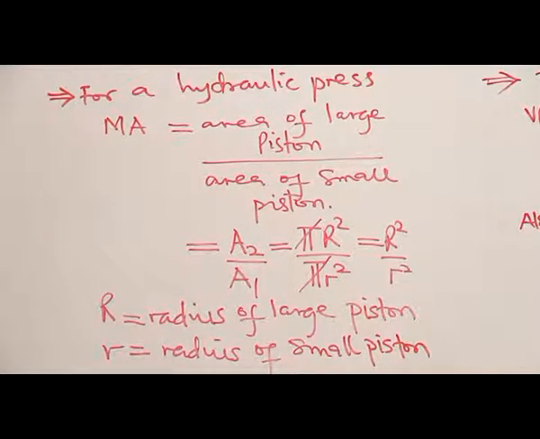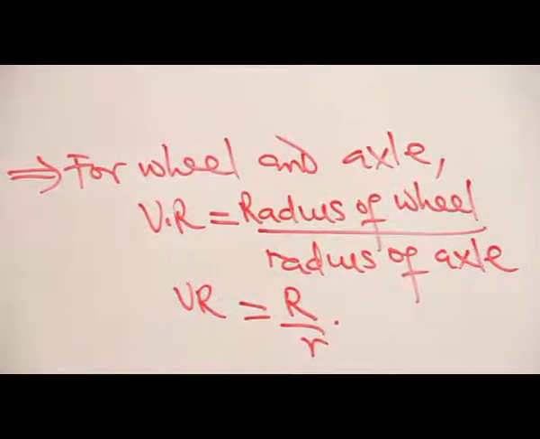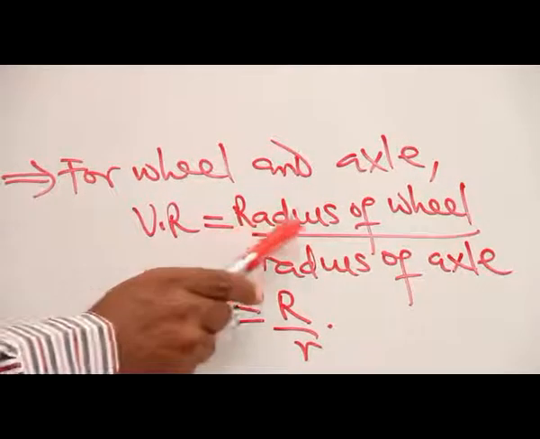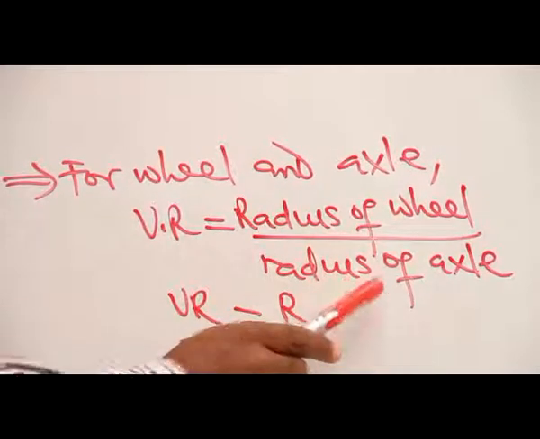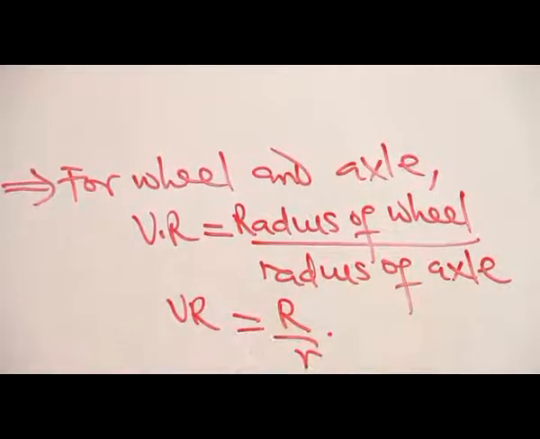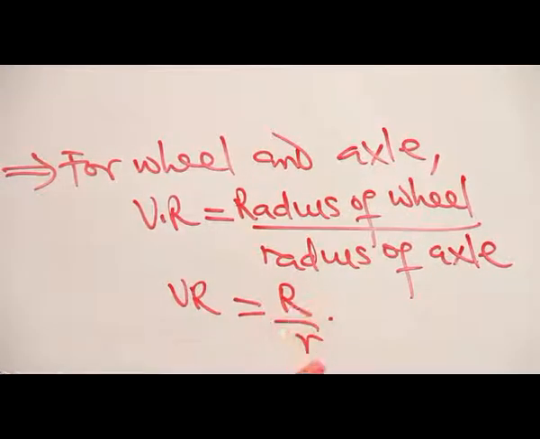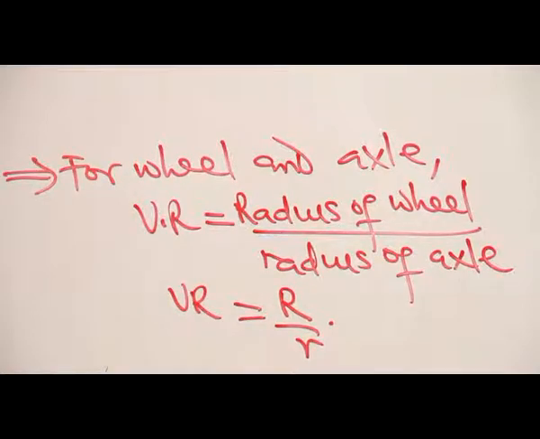For wheel and axle, another machine, the velocity ratio is equal to radius of the wheel divided by the radius of the axle. So velocity ratio is capital letter R for the wheel, small letter r for the axle.